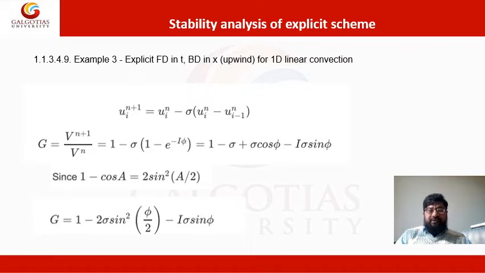Again playing with some trigonometry, we can replace the 1 minus cos phi terms after taking sigma common, and now our G will be 1 minus 2 sigma sine squared (phi by 2) minus I sigma sine phi.